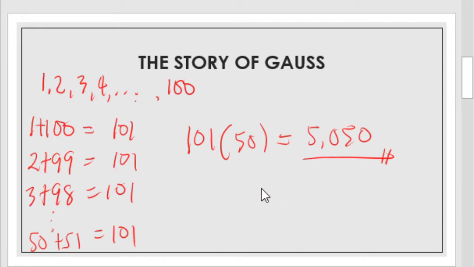Imagine that. In fact, in the later part of his life, Gauss became a prolific mathematician, and if I'm not mistaken, he is called the Prince of Mathematics.